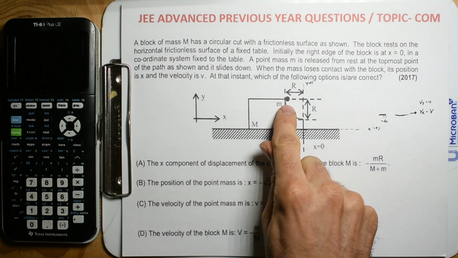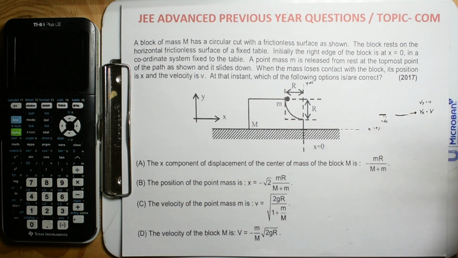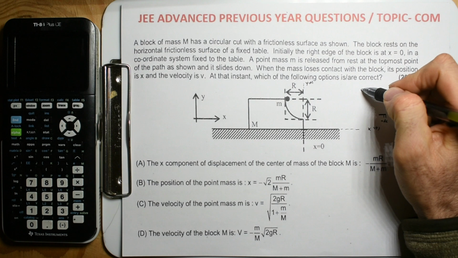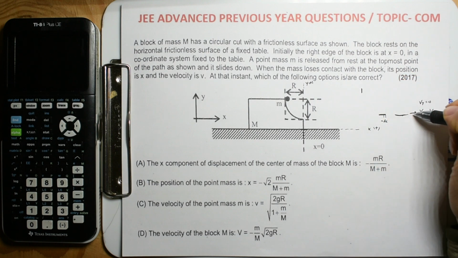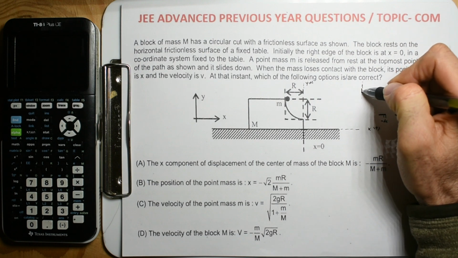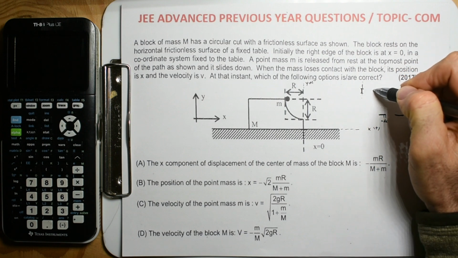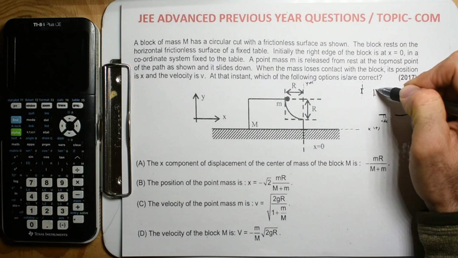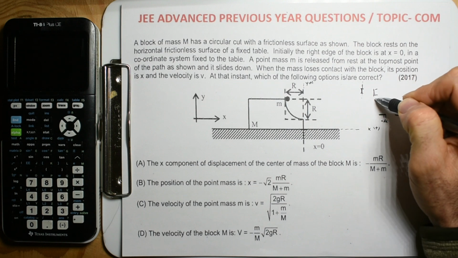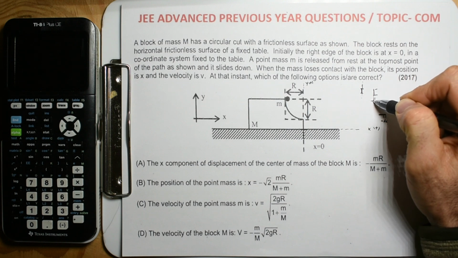The only location where this block remains stationary is right at the top of that arc. The same thing goes on where this point mass is just dropping vertically for a split second, but not really, because even at the top of that curve, if it moves any distance this way, the block still moves a distance that way.